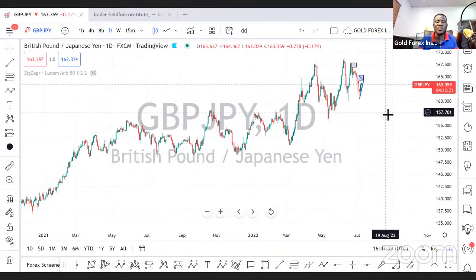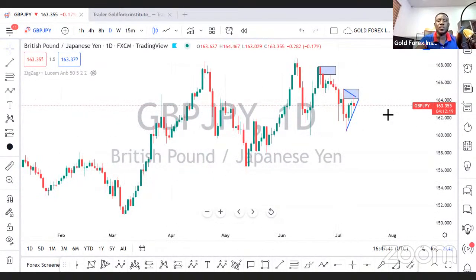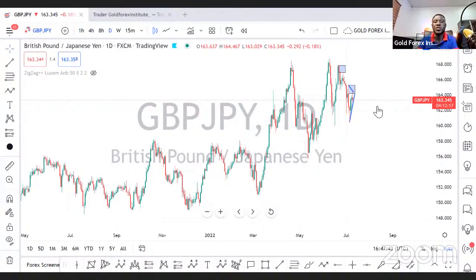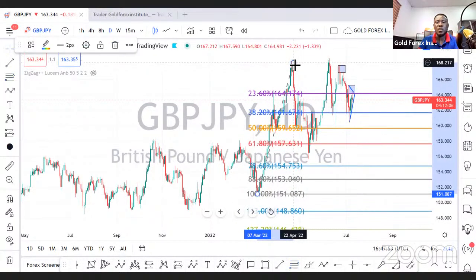In the short term, so 61.8, and so this is a shark or cipher pattern.